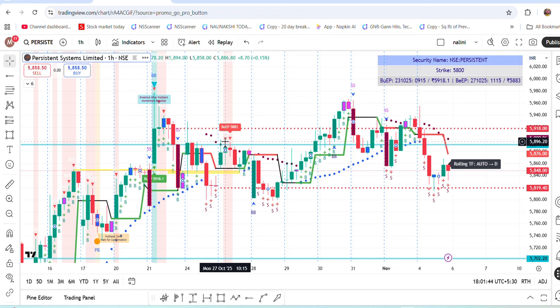Who are the sellers? The sellers are retailers. Small players enter the market taking a bearish stance, keeping the stop loss just a little bit above, and they enter into short positions.